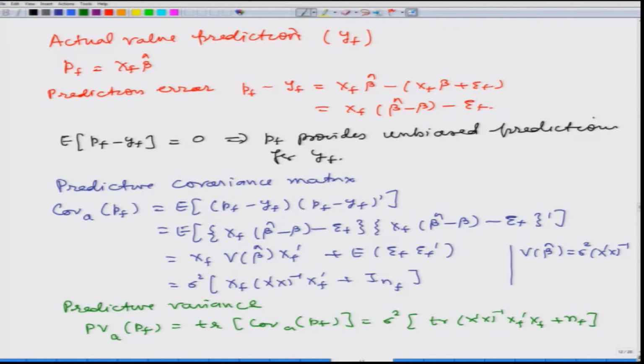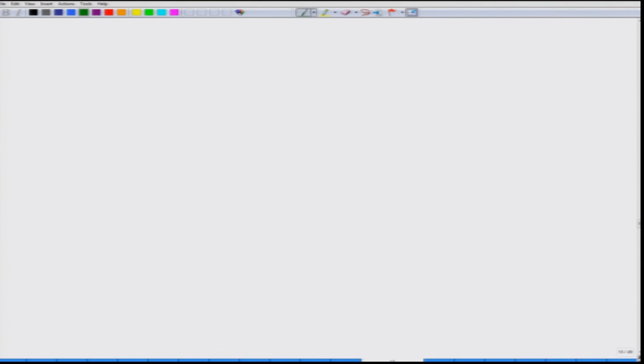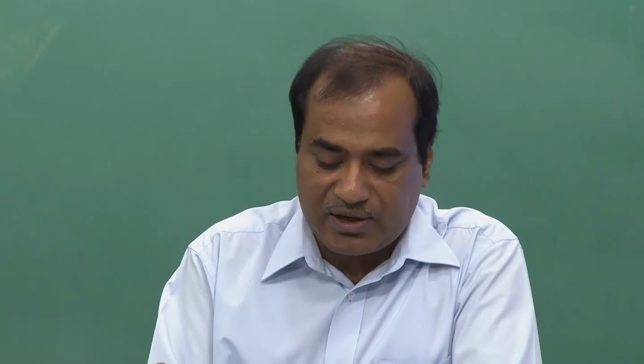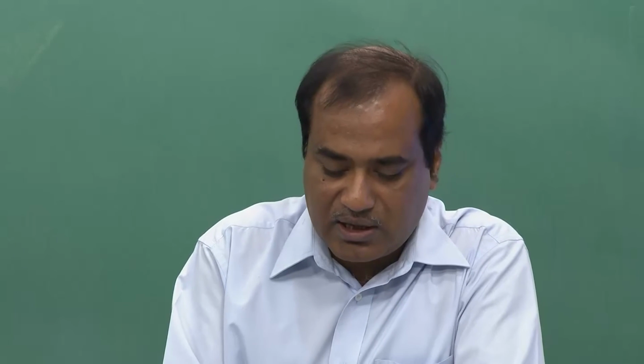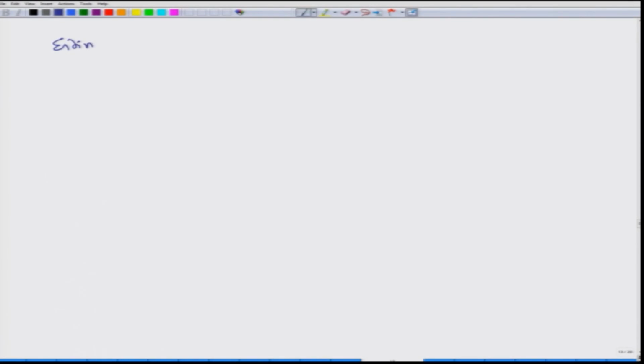So now we have obtained the predictive covariance matrix and predictive variance of PF, but we can again see that these two expressions depend upon sigma square, which is unknown. So now we try to find the estimates of the covariance matrix and predictive variance of PF when they are used for actual value prediction.